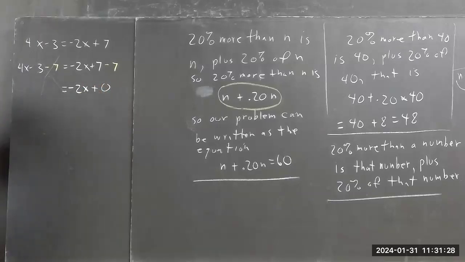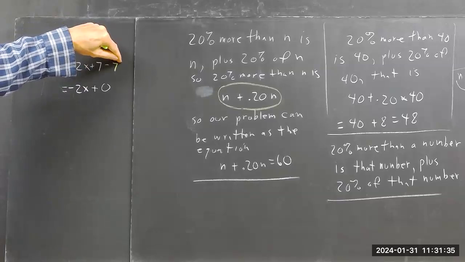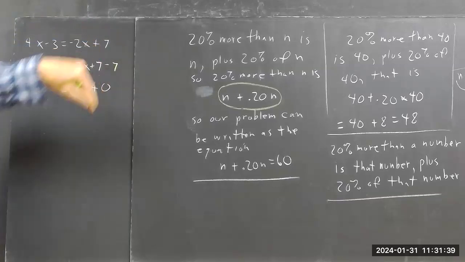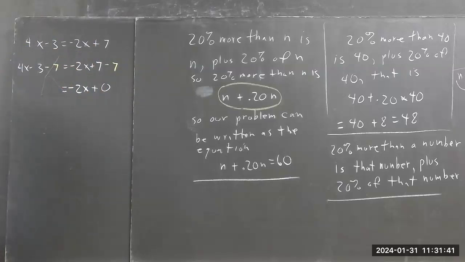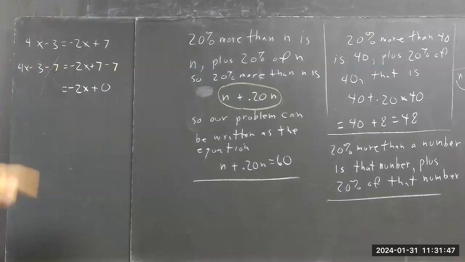Let's just be complete. That's negative 2x plus 0. You don't really have to write plus 0, but you have to understand 7 minus 7 is 0. That gives you negative 2x plus 0. And then we have 4x minus 3 minus 7. Again, we can't subtract the 7 from the 4x.